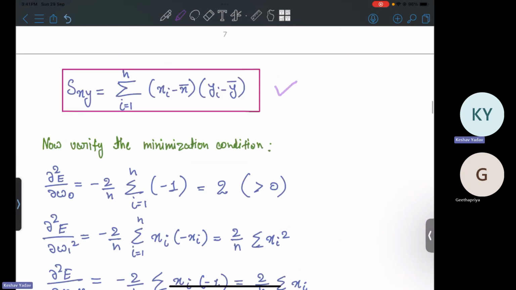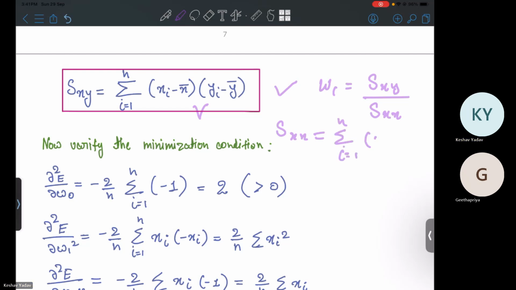So this is what is written here. From here, W1 will be equal to Sxy divided by Sxx, where Sxx is the summation of i from 1 to n of xi minus x bar whole square.